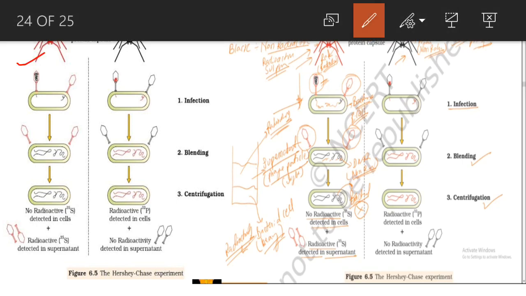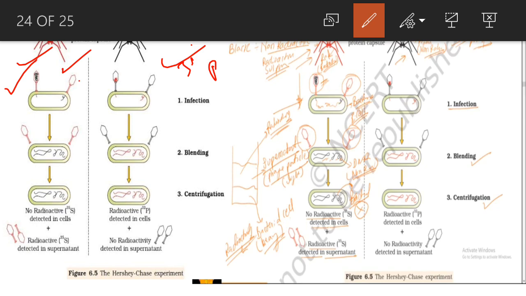So this is a bacteriophage with radioactive protein, and here a bacteriophage with radioactive phosphate. Here the radioactive label is sulfur S35, and here it is P32. Now we will see this side first.